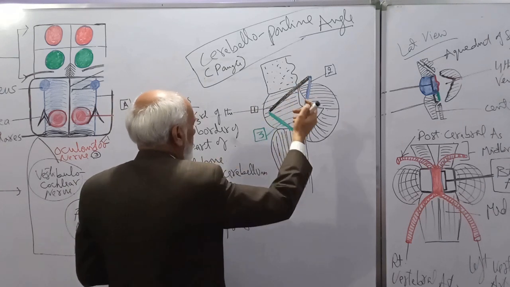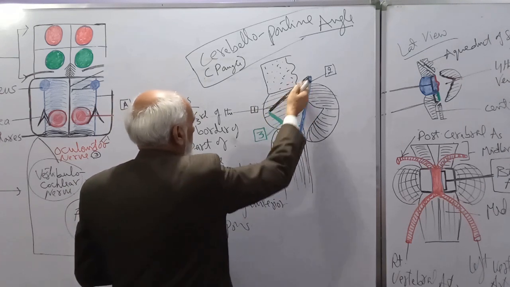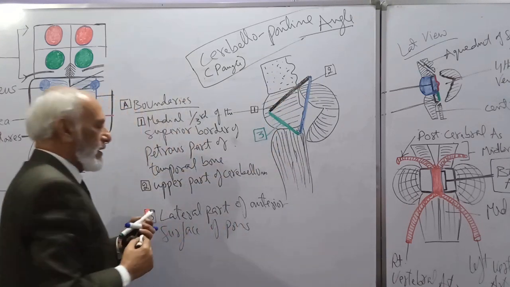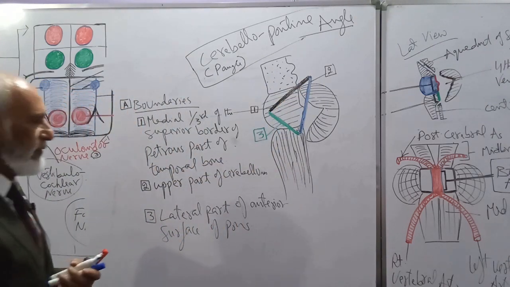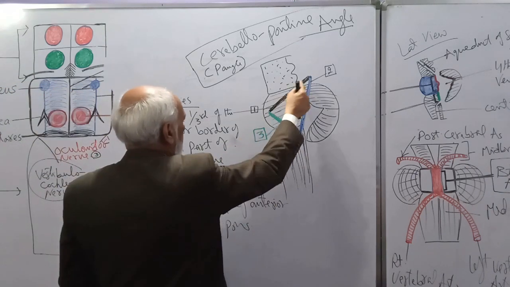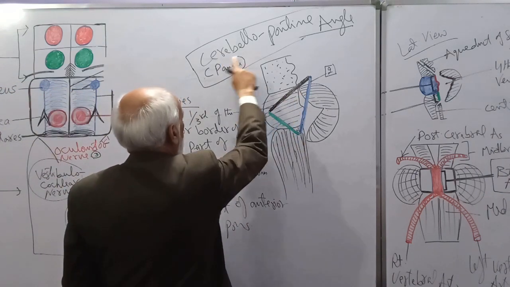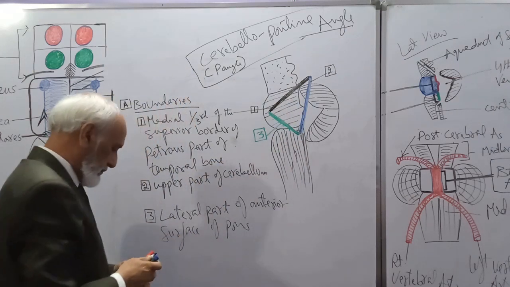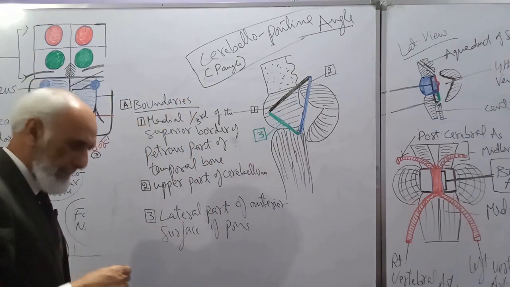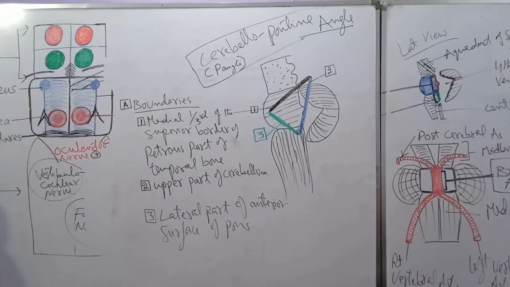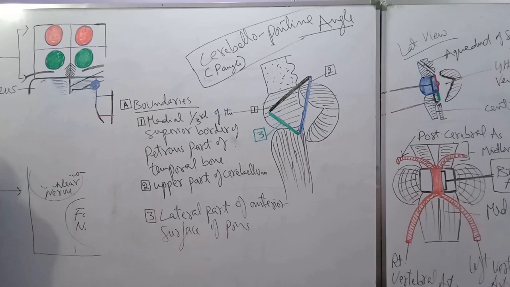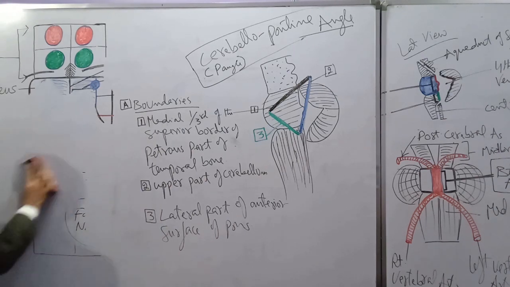Here is upper part of the cerebellum, and this is the bony landmark, that is the medial third of the upper border of the petrous part of the temporal bone. Now can you see here, there is a slight depression. This is called cerebellopontine angle. Now what are the contents of this angle?